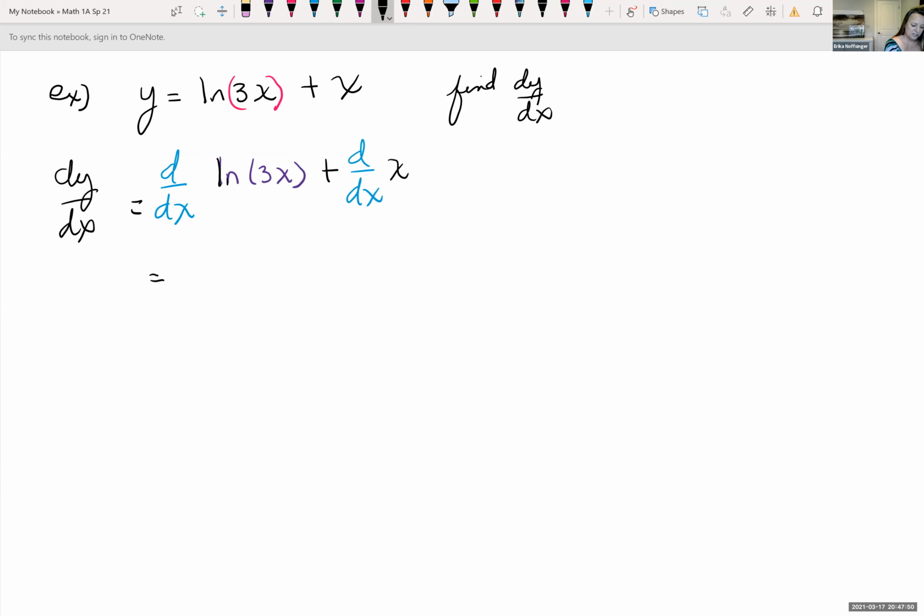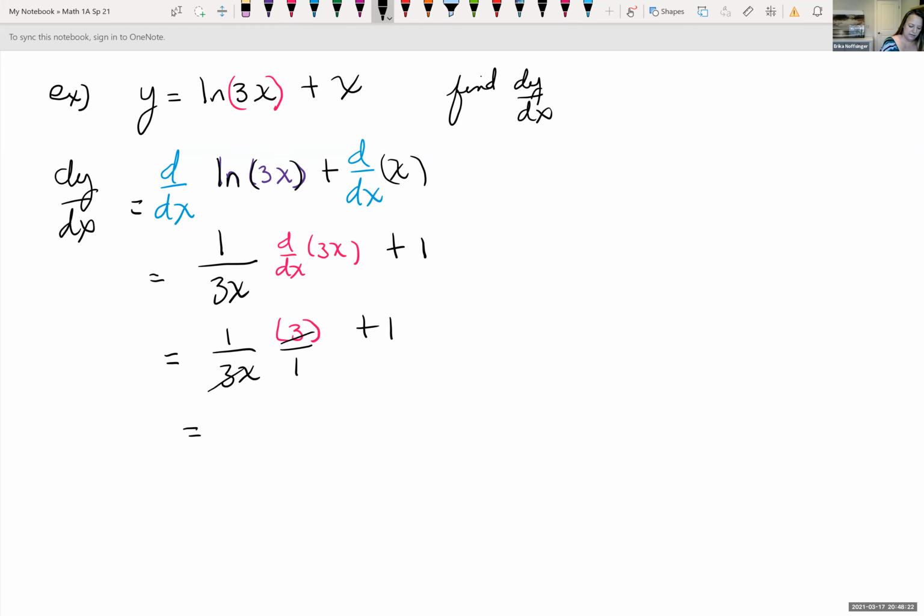Our outer function is 1 over our inner function, which is 3x, times the derivative d/dx of the inner, which is 3x, plus the derivative of x, which is 1. So this is 1 over 3x, well, the derivative of 3x is just 3, plus 1. Notice our 3's cancel. So we get 1 over x plus 1.